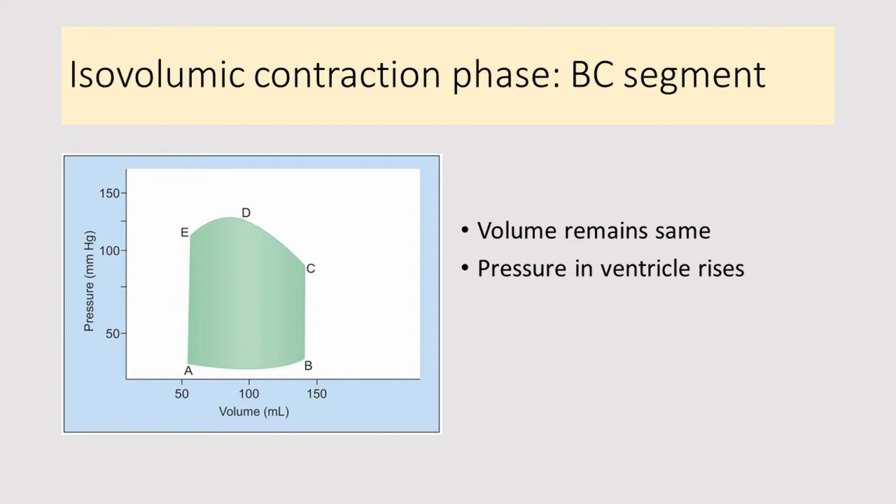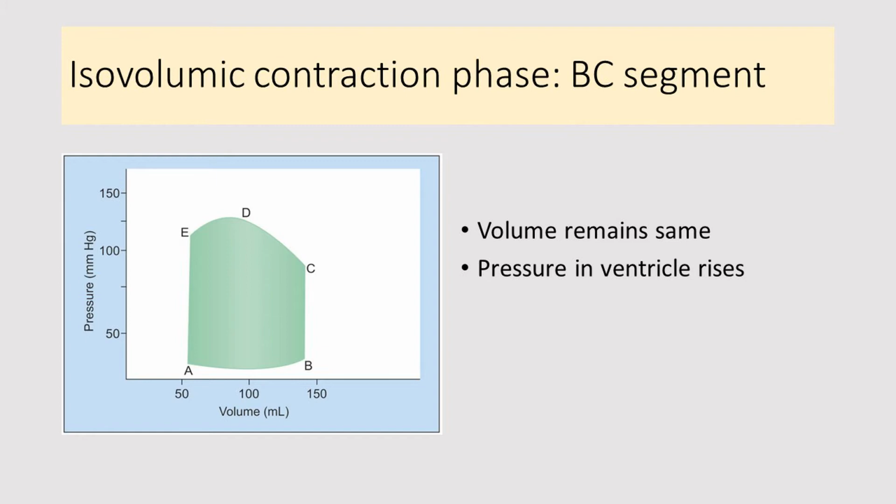During this phase, pressure inside the ventricle rises rapidly up to 80 mmHg, near the pressure inside the aorta. When pressure rises beyond that, it leads to opening of the aortic valve. During this phase, volume inside the ventricle remains the same, and because of that, this phase is known as the isovolumic contraction phase.